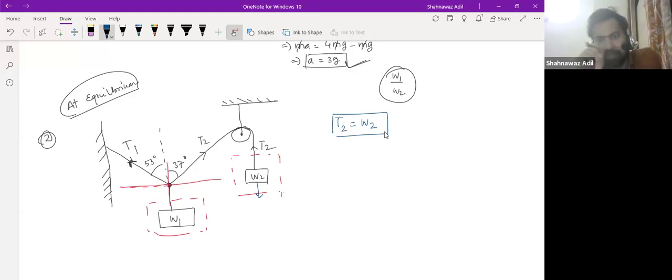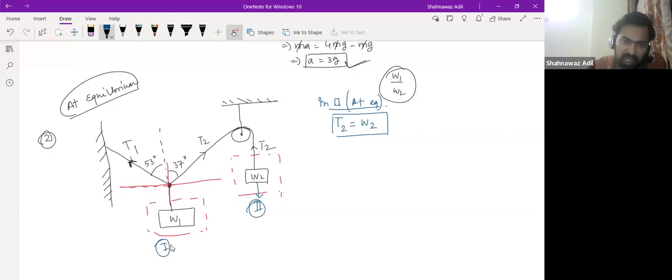Because let's say this is second, so in second, everything is at equilibrium. And in one, we have two components. We have horizontal one, and then we have vertical one. So let's solve this horizontal one first.